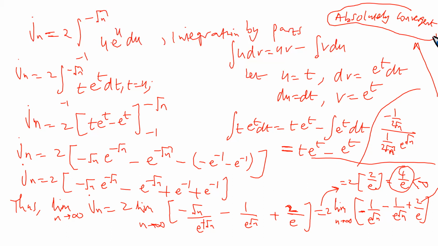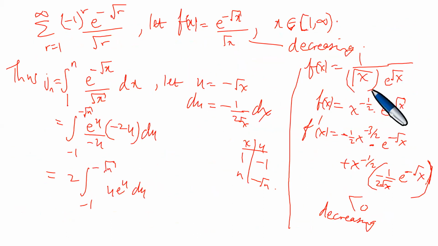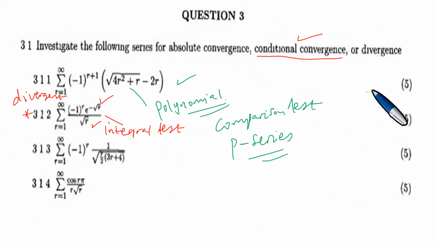Because it's absolutely convergent, we have concluded, so there's no need for us to test other things like the alternating series test. If only it was divergent, yes, we could proceed to the alternating series test, but at this point there's no need, because already it is absolutely convergent.